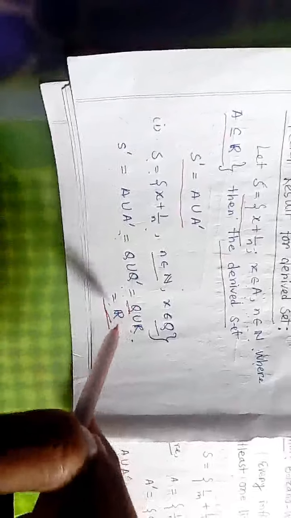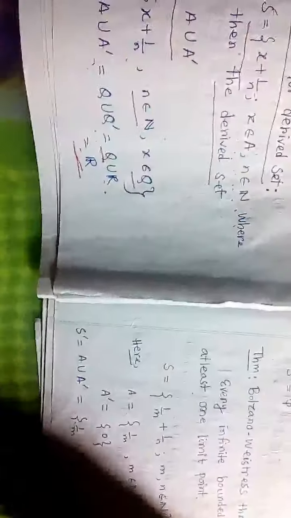So S dash is R. This is a very special result to remember: if we want to find the derived set of the form x plus 1 upon n, then the derived set is S dash equals A union A dash.